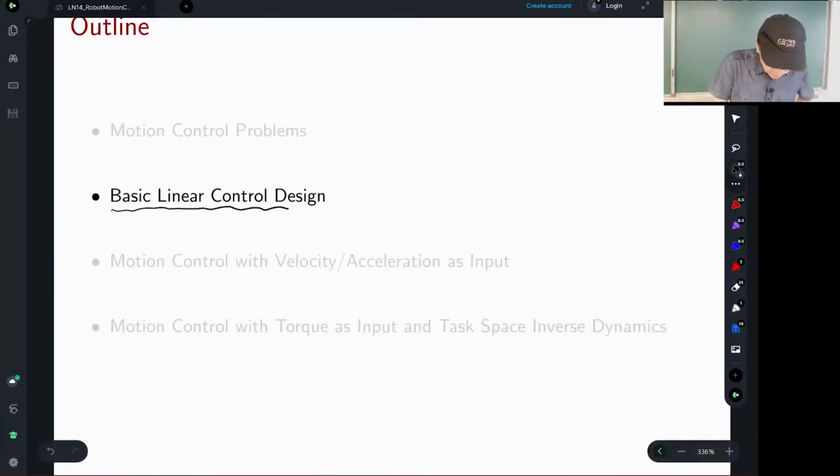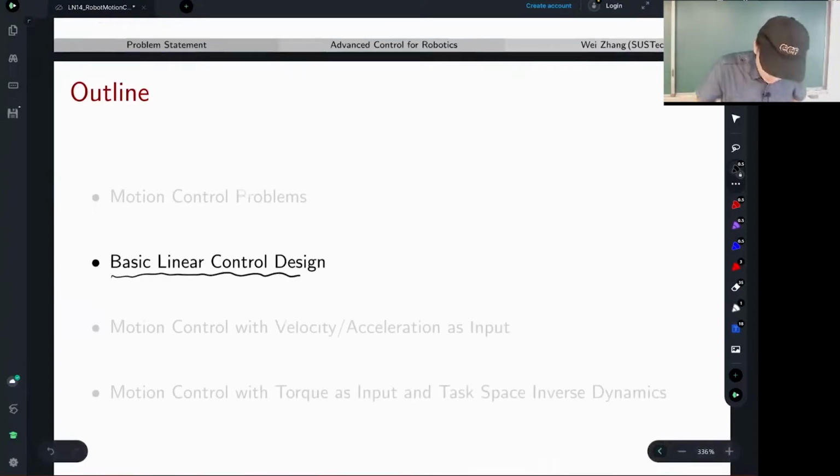So we first need to review a little bit about linear control design, very simple. But why I'm doing that, let me tell you.